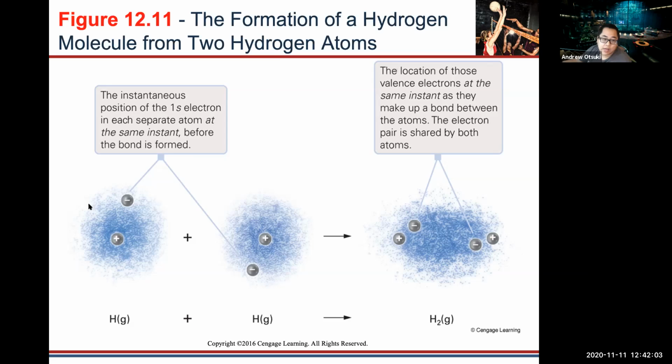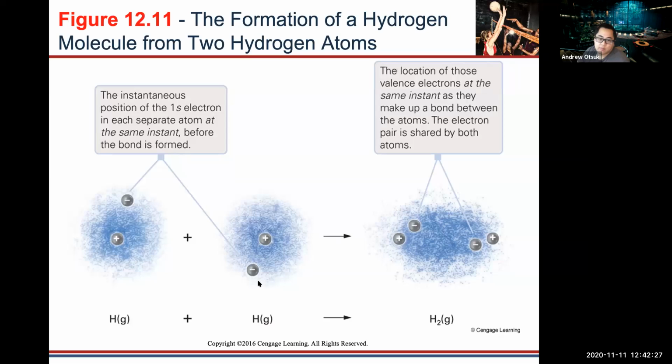So here we have hydrogen atoms, and we say maybe the electron is here. This shows the instantaneous position of the 1s electron in each separate atom at the same instant before the molecule is formed. There's a probability of finding the electron here or at different parts of the molecule.